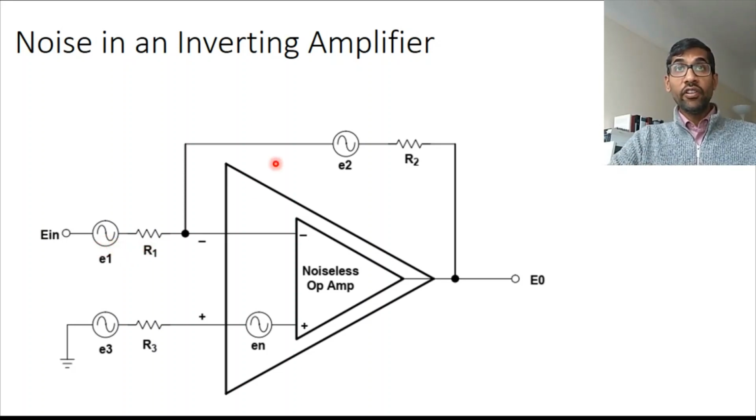And in addition to these noises at the resistors, you have the voltage noise of the op amp as well. Having these noise sources, you can calculate what the output is going to be because of this input, and what the output is going to be because of all the noise sources at the output. We'll do some calculations like this as practice so that you get a hang of what we are doing here.